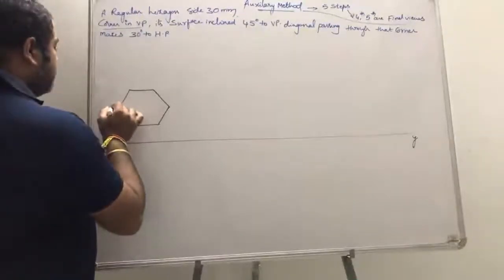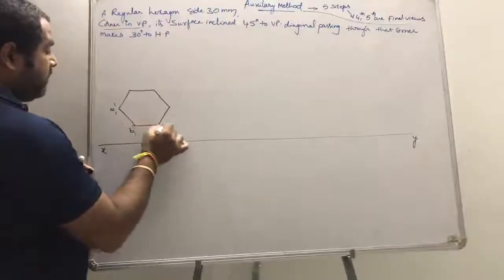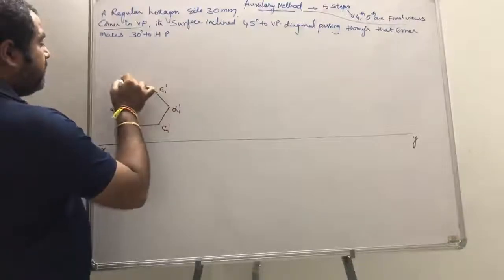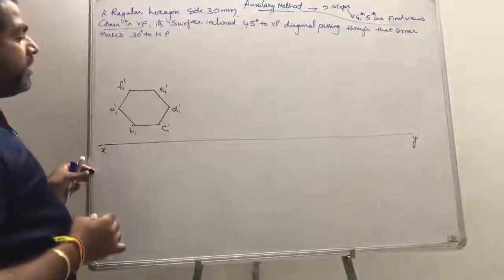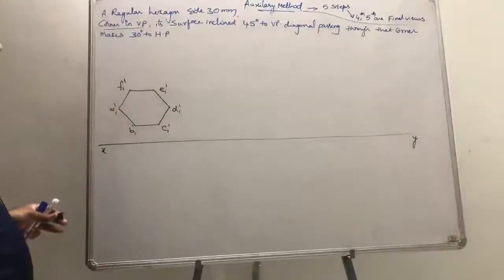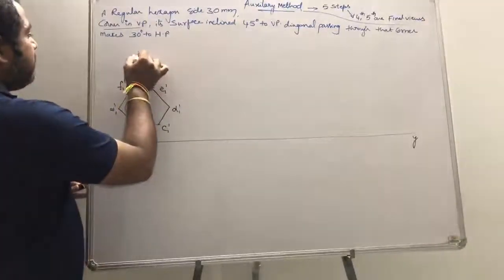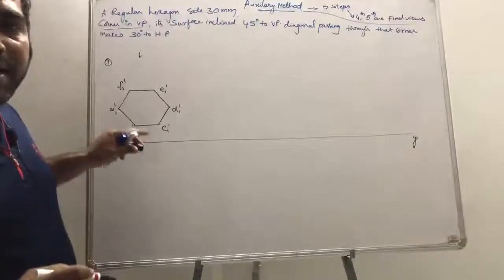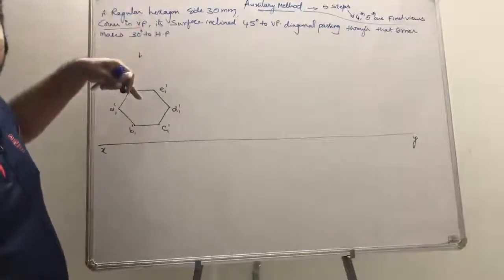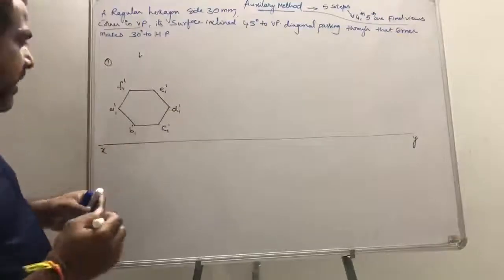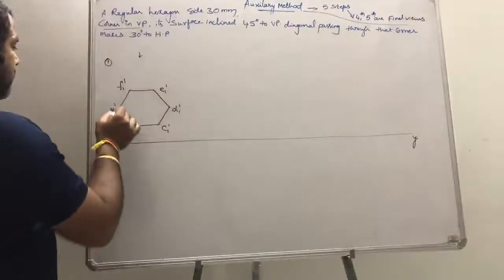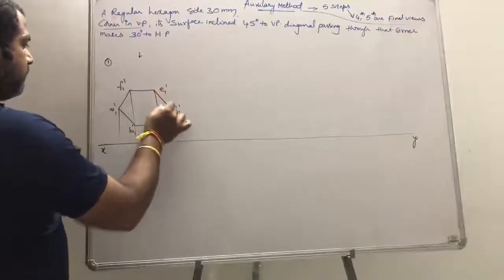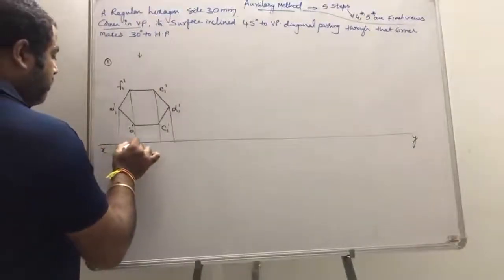Let us take it as A1 dash, B1 dash, C1 dash, D1 dash, E1 dash, and F1 dash. While you see the top view, your plane is resting on VP, so the projection will be obtained on XY. So draw the vertical projectors from here and join all the points.